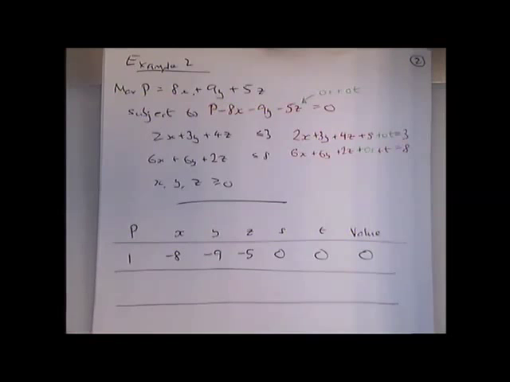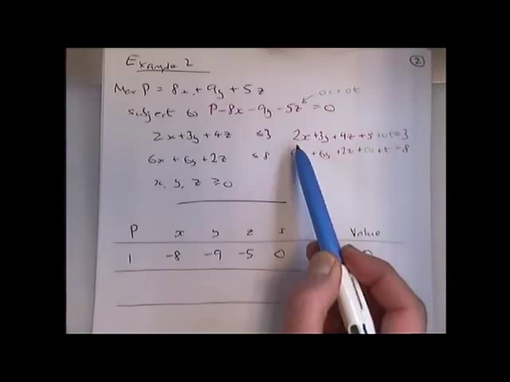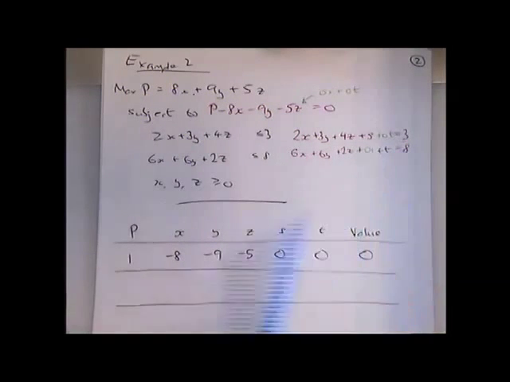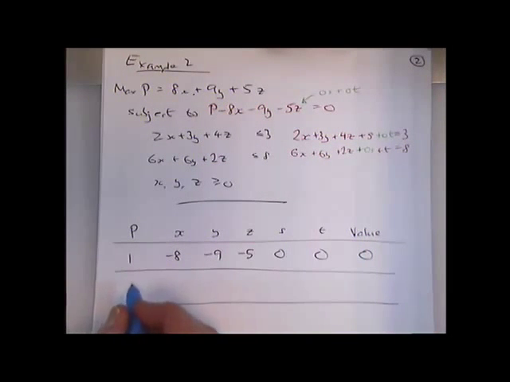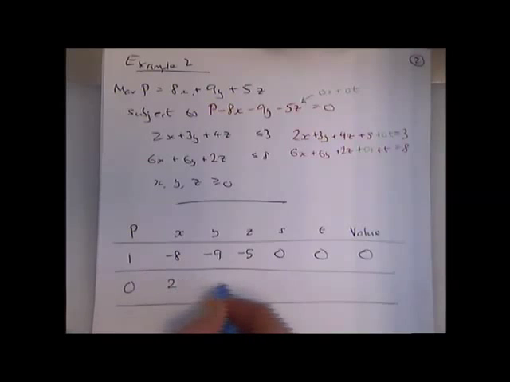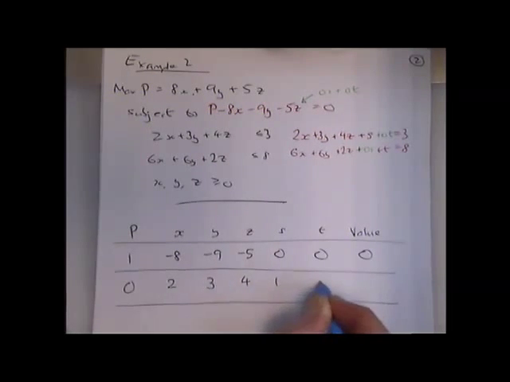My next row will come from my first constraint, which is this one here. Oh, 0, yeah, because P's not there, it's a 0. That's right. Yep. 2, 3, 4, 1, 0, 3. That's right. Good.